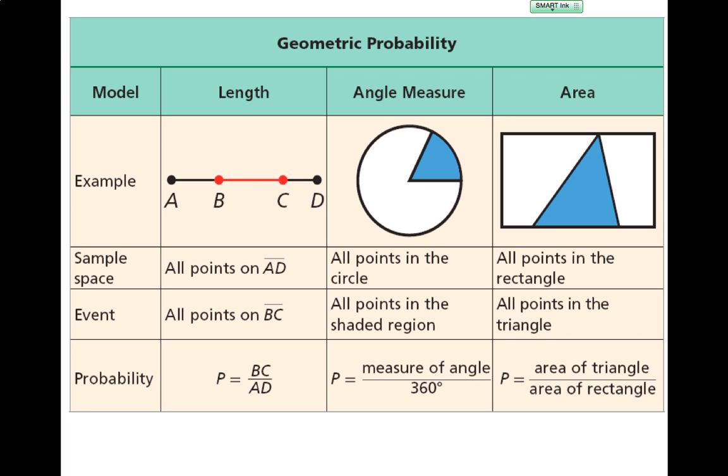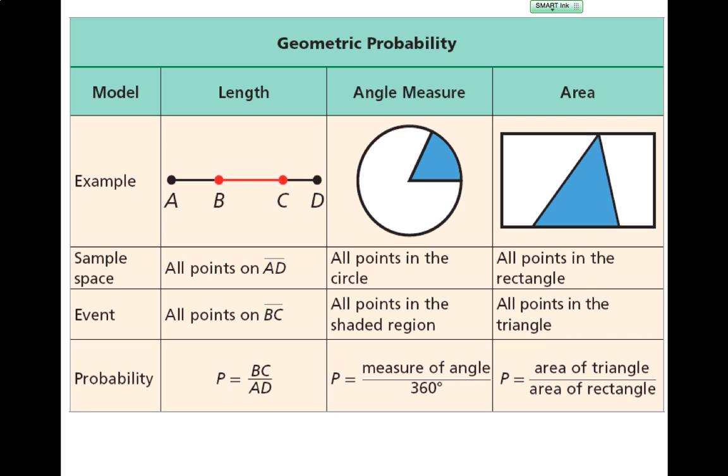If the event that we're looking for is all the points on segment BC, what we're going to do in this type of model is figure out the length of BC and compare it to the length of the whole segment AD. So we're kind of saying what part of that whole segment is BC. So that'll just be comparing lengths.